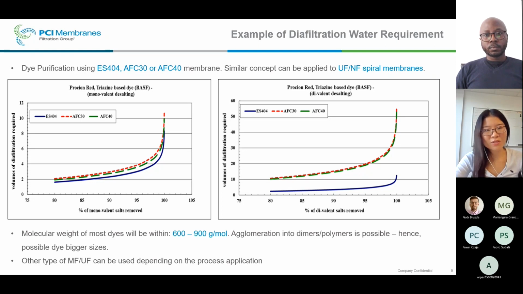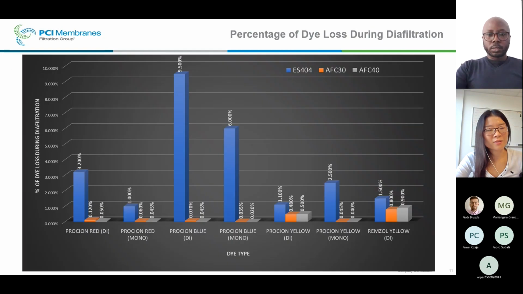Very interesting. Thank you. Then my second question is, do you have experience with processing other types of dye besides reactive dye with membrane technology? Well, of course, we have shown over here a number of dyes that have been processed with our membrane technology.